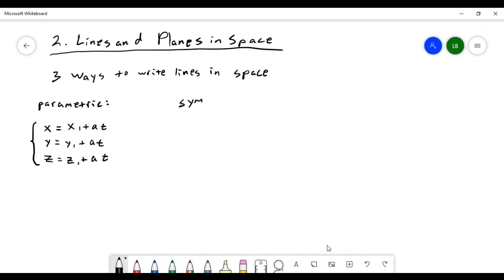You also have symmetric forms, and they look something like this. And you can really easily convert from symmetric to parametric and back, because all of these are actually just equal to your parameter t.